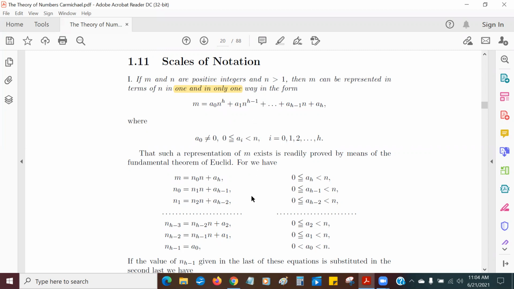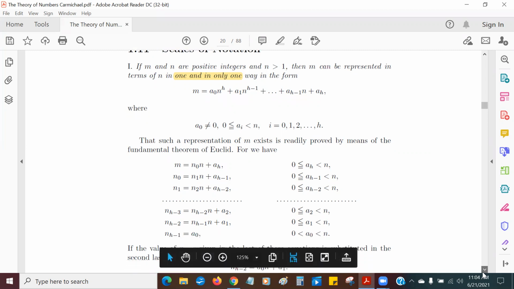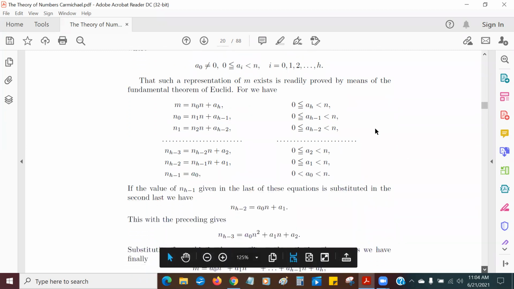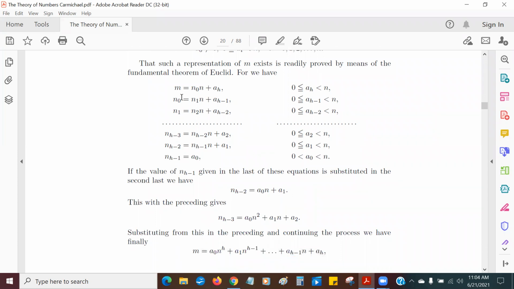Now, why is this possible? Well, you do the division algorithm. m is equal to n_0 n plus a_h, with these restrictions on the size. n_0 is equal to n_1 n plus a_(h-1), n_1 is equal to n_2 n plus a_(h-2), and it keeps on going down and down. We just keep using the division algorithm over and over.